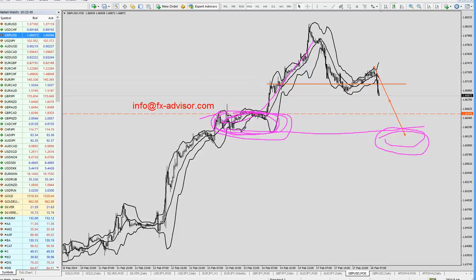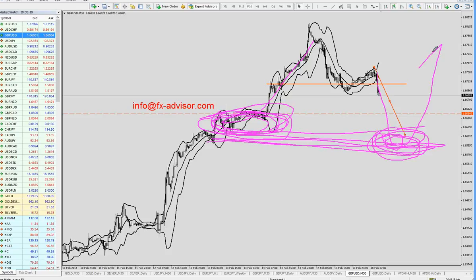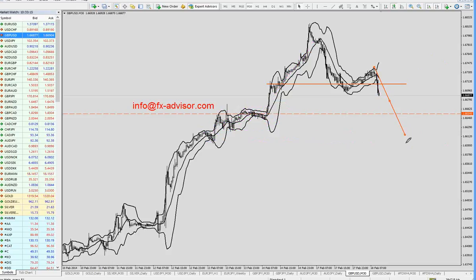I don't want to tell you that they are doing this, but it's a visible place where there are going to be plenty of stops. So they are going to activate the short orders of the small guys, accumulate those orders below, and maybe we are going to jump higher from here.